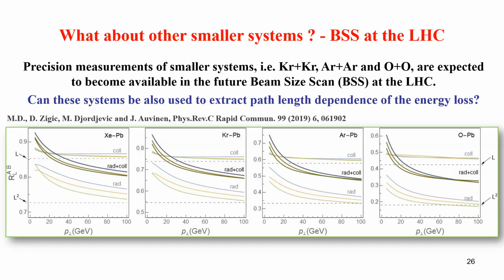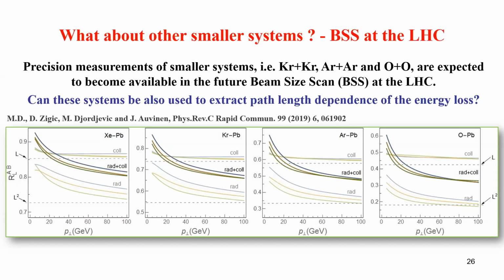Thanks. So now I ask, what about smaller systems? Because as we all know, precision measurements for smaller systems are proposed for krypton, argon, and oxygen, and we hope that they will become available in the future beam size scan at the LHC.